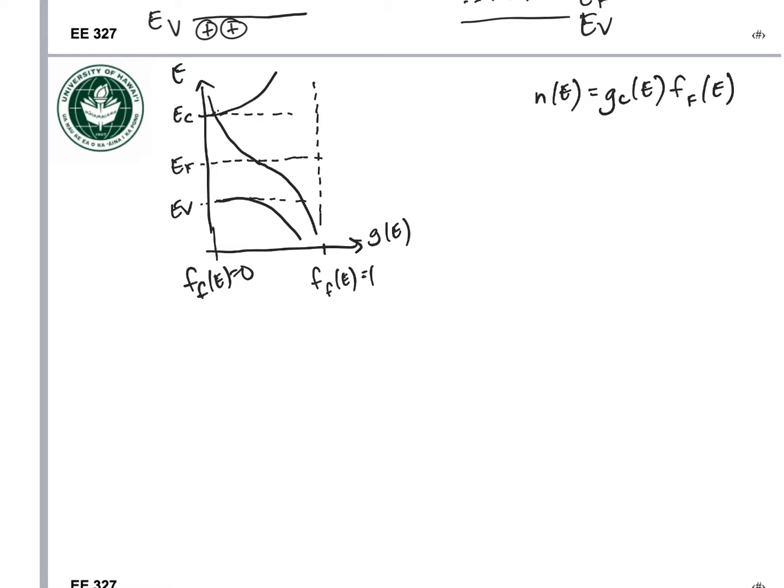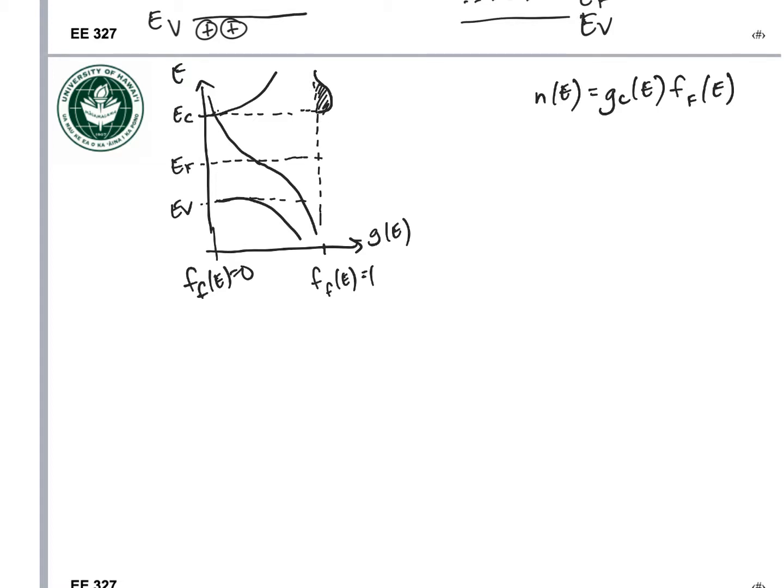This graph is based on a figure in your book. I didn't write down the figure number, but you can find it after the density of states and Fermi level discussion. So it's just graphically taking those two functions and multiplying them together, and you get something that looks like that.